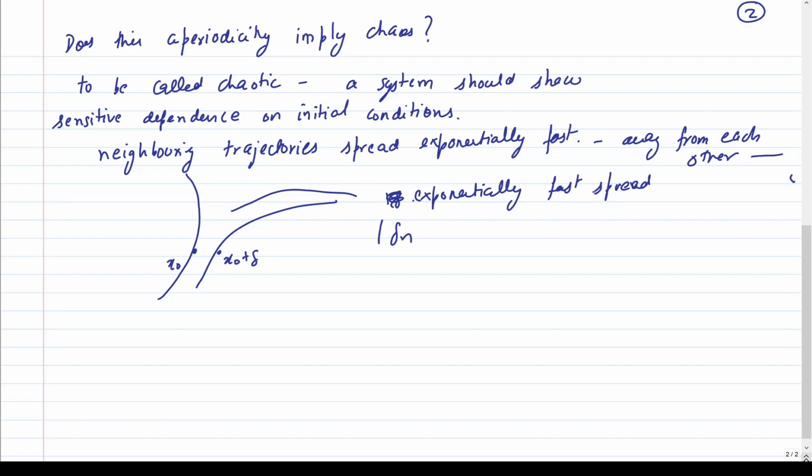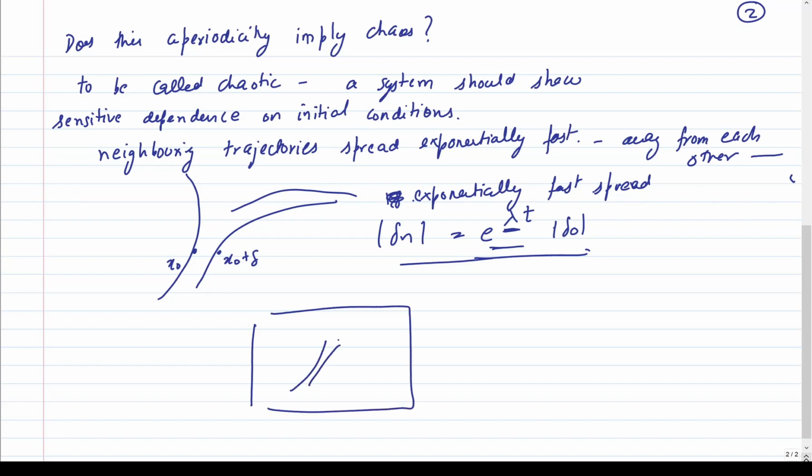So lambda n, the separation, would be given by some time. This is a continuous system. The spread is going to be exponentially fast by some rate. Of course, since this is a bounded system, these trajectories will again come back near each other, then go away.